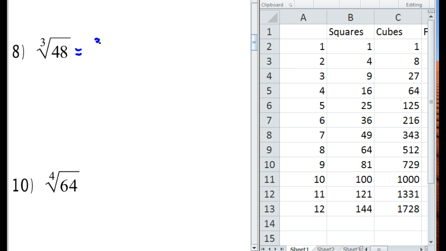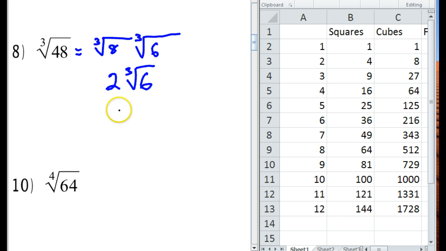So we have, don't forget to put the cube root symbol. So 48, what do we got? 8 and 6, okay. 8 times 6, 48, right? So a good place to start with cube roots if the number is low is multiples of 8. Cube root of 8 is 2, and then we have times the cube root of 6.